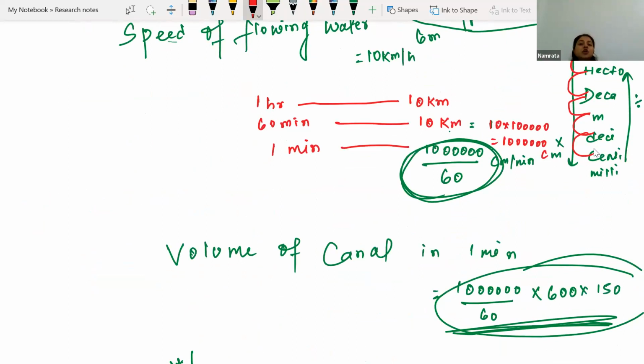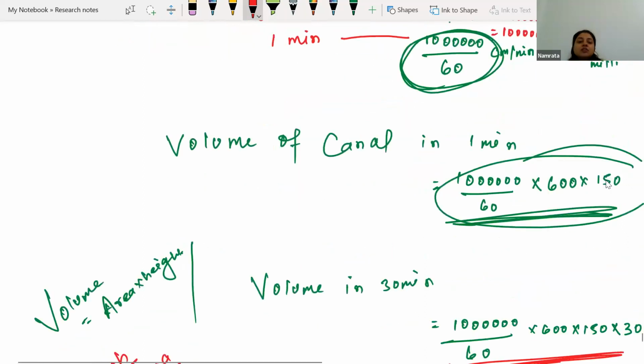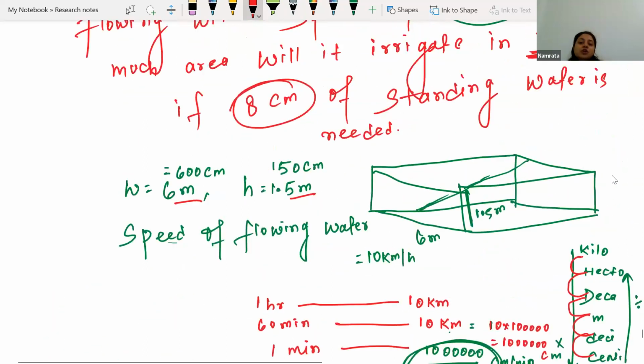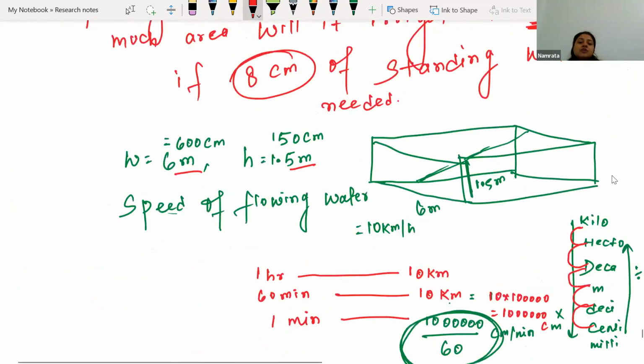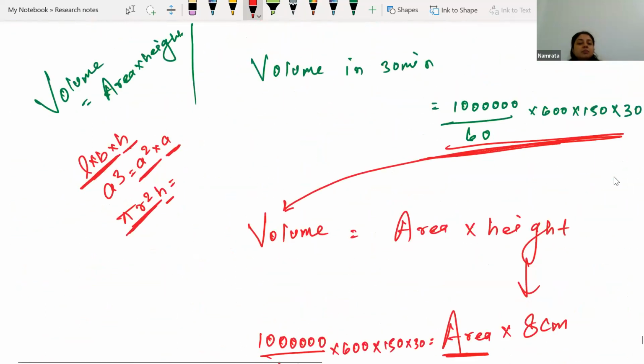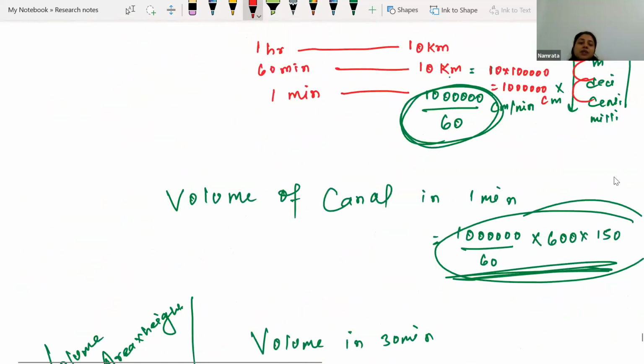What will be the volume in 1 minute? What will be the volume of the canal in 1 minute by taking 10 kilometer as a length? Okay. So we got the volume of the canal in 1 minute, but the question says volume in 30 minutes. So we have found volume in 30 minutes by multiplying it with 30. That volume we are keeping in hand.